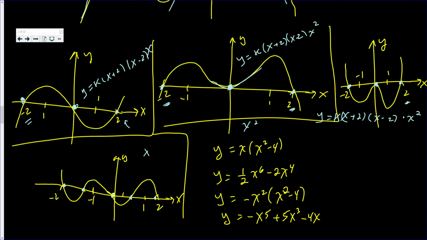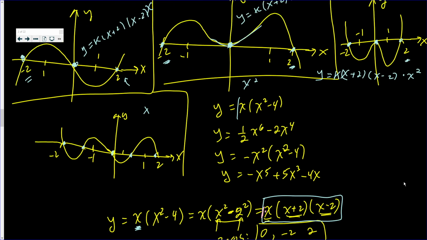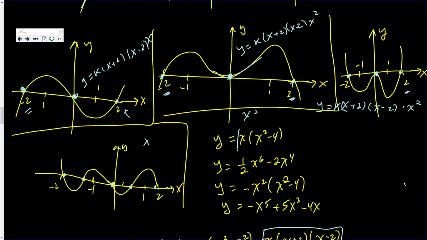But that's exactly what this one is. Okay, we factored it. This constant that I'm talking about happens to just be the number 1. Could have been another number. Okay, so this here is a graph of x times this, which is x squared minus 4.